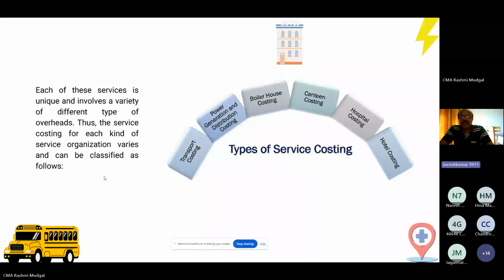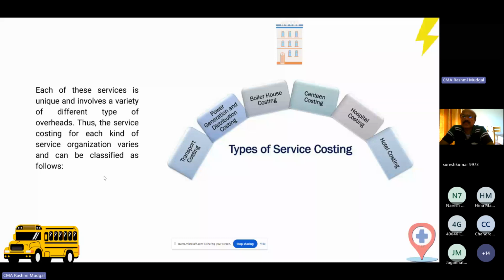The power generation has its own uniqueness with each organization. The power generation is different, whether you are taking from solar, or from water, or from coal. Boiler house costing: boiler is also providing electricity.